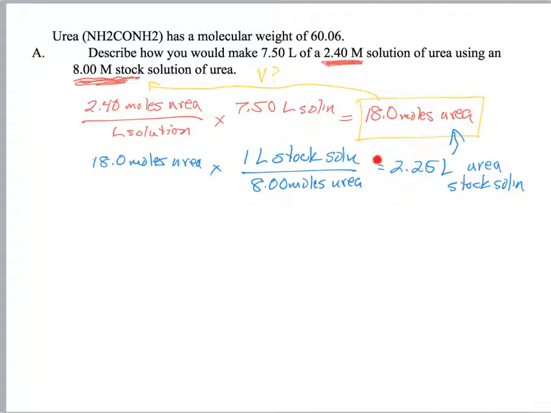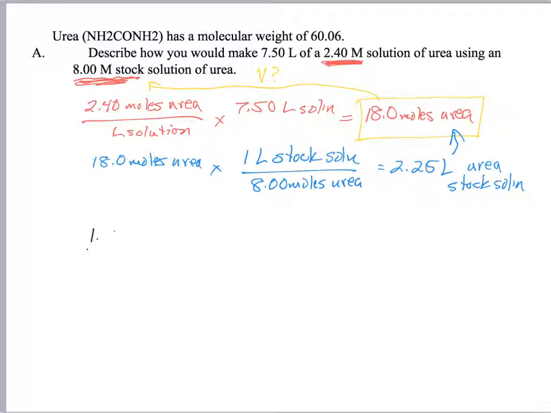If you've got less than 1 liter, you're probably going to use a graduated cylinder, and a graduated cylinder is going to be graduated in milliliters. But because we're working with a large volume, we'll leave it at 2.25 liters. So that 2.25 liters provides our 18 moles of urea. And so now we just have to describe how we would make our solution.